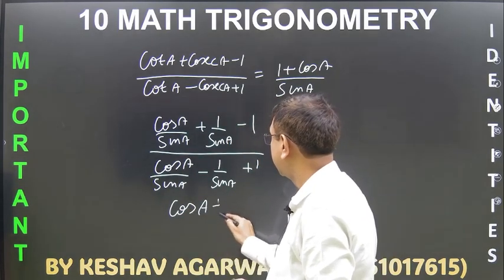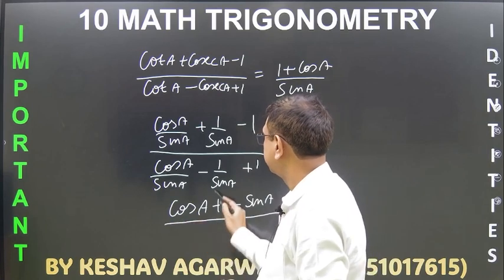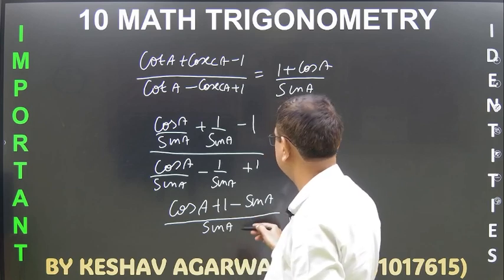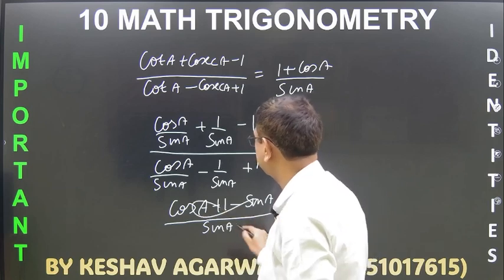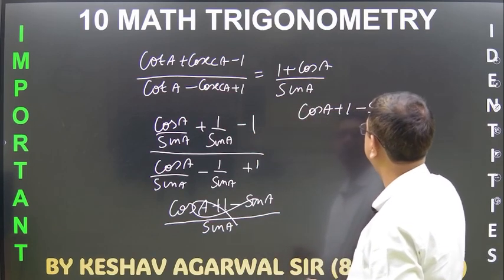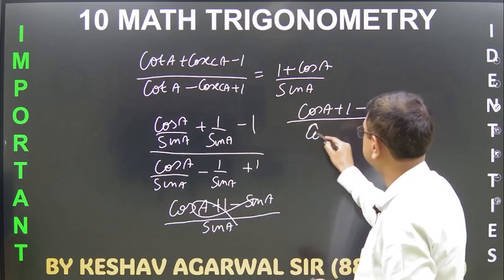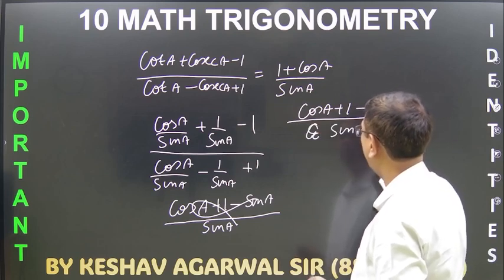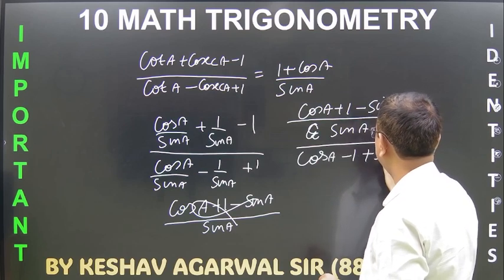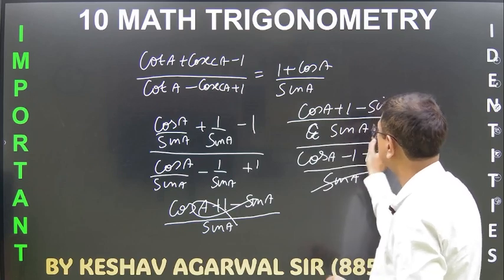If you were converting to sin and cos, what would have been the thing? This sin A will come below, and then let's cut this. I do it here: cos A plus 1 minus sin A, and then what you will get, children, upon sin A, and then cos A minus 1 plus sin A upon sin A. This will come, so this is going to get cancelled.